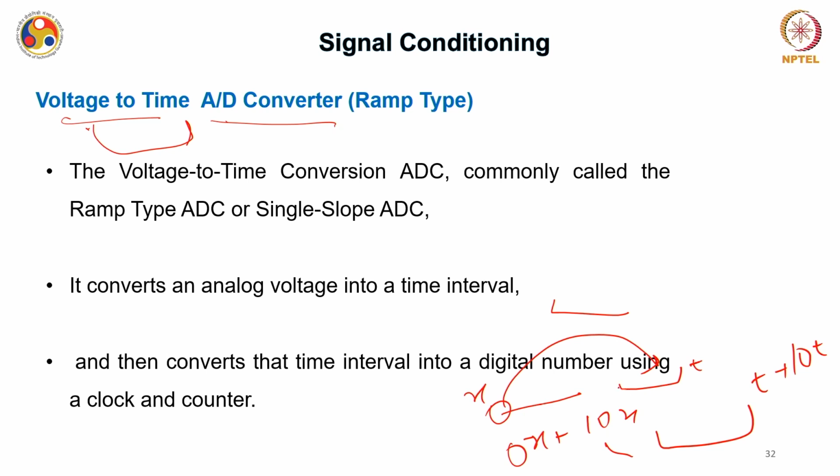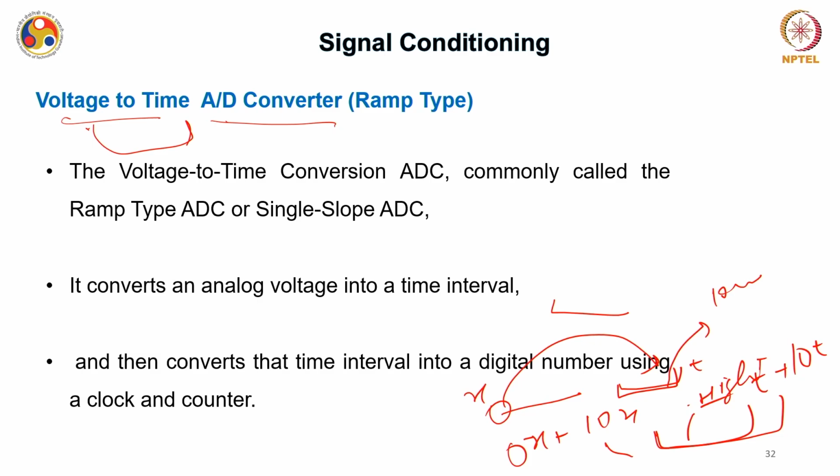So you have a small time interval and a larger time interval. Depending on this you can digitize, say maybe let me call this low and let me call this high. Okay. By this also you can do analog to digital conversion.